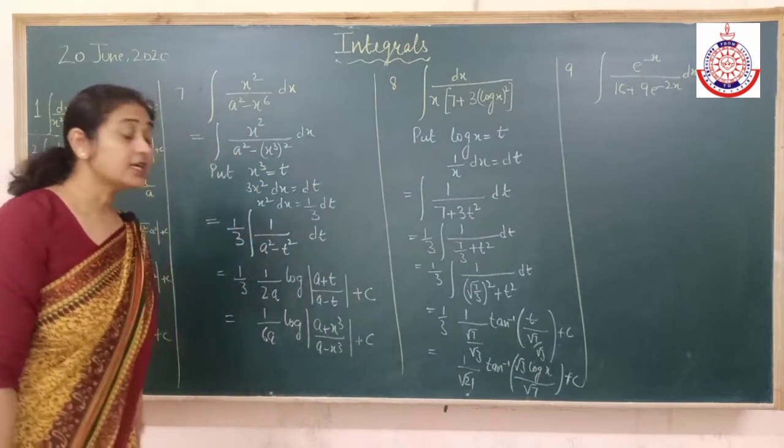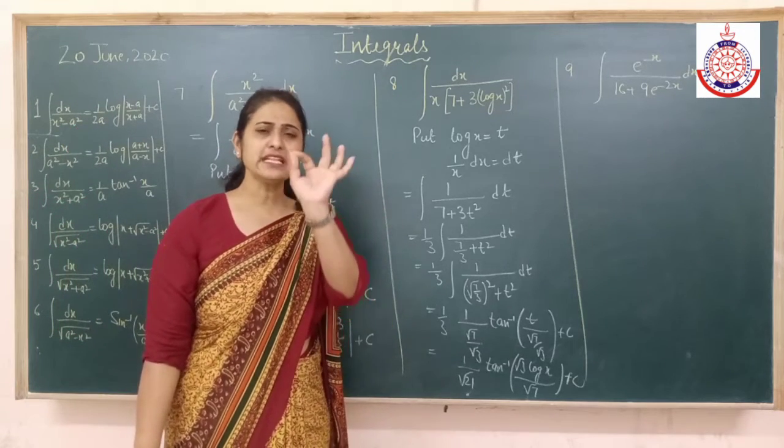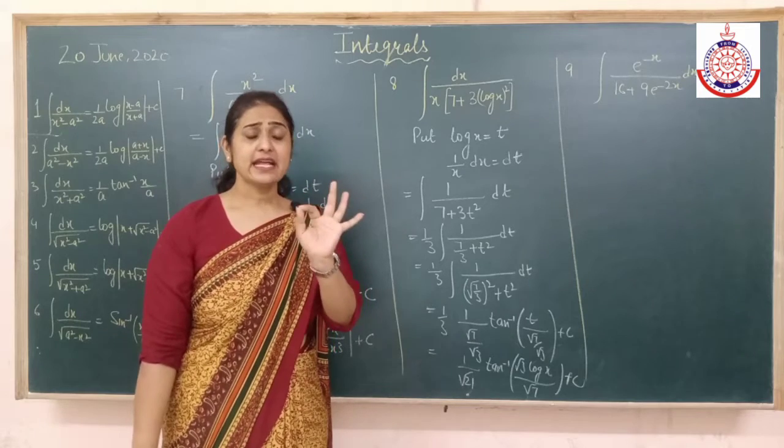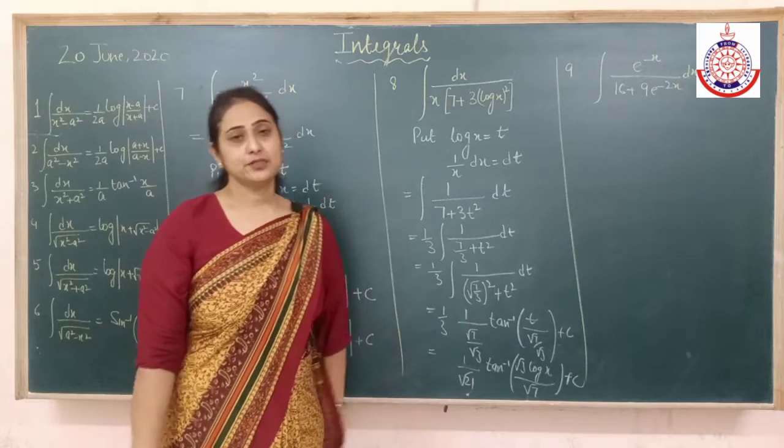Alright, is it clear? Very easy, you just have to think what to substitute. Only that is required, and that is the most important thing. Clear? Now let's think about the ninth one.